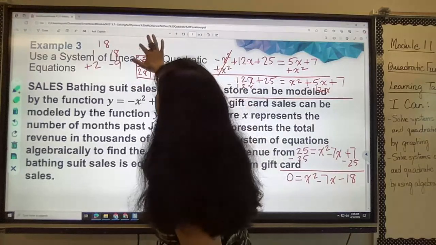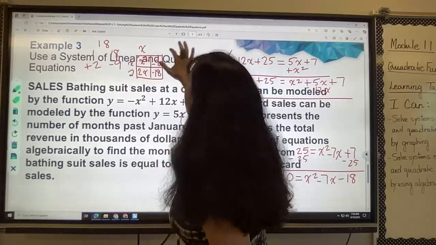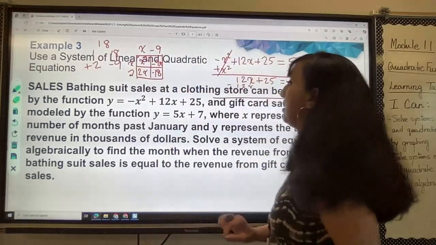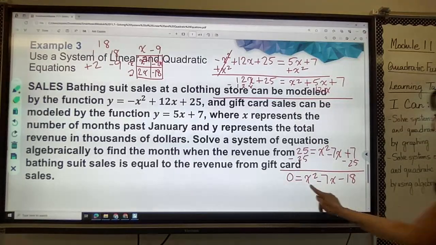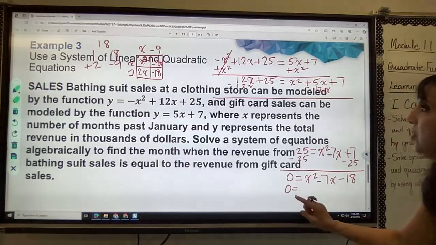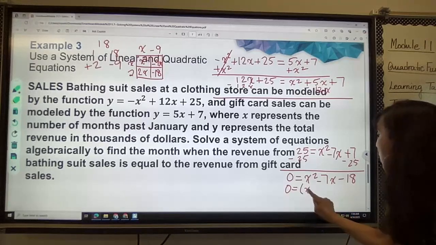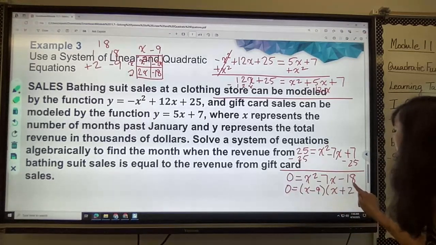Pull out the factor here, greatest common factor. I get x and I get 2. And I get negative 9. And then I know that 2 times negative 9 is this. So what are my factors now? I have 0 is equal to my x minus 9, and I have x plus 2.